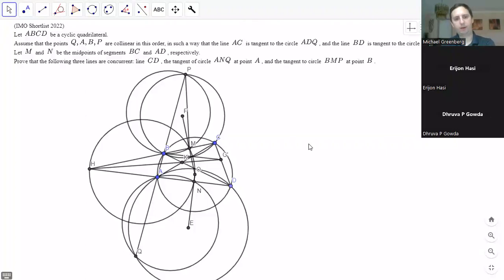So that could help. We also need to use that these three are collinear. Let me check something. Oh, I almost thought those were cyclic, but I don't think so.